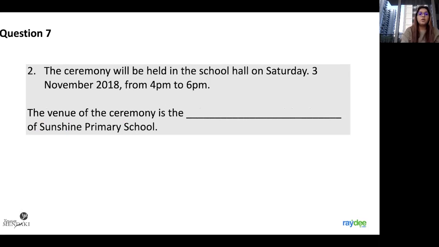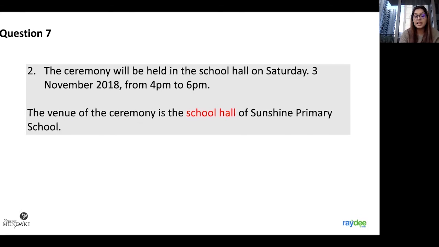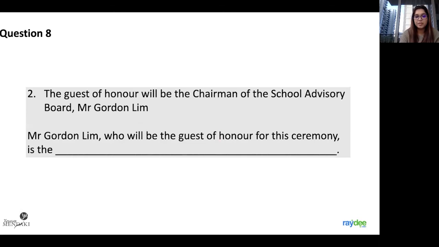The next extract: the ceremony will be held in the school hall on Saturday, 3rd November 2018 from 4 p.m. to 6 p.m. Now, the venue of the ceremony is the what of Sunshine Primary School. It will be held at the school hall of Sunshine Primary School.